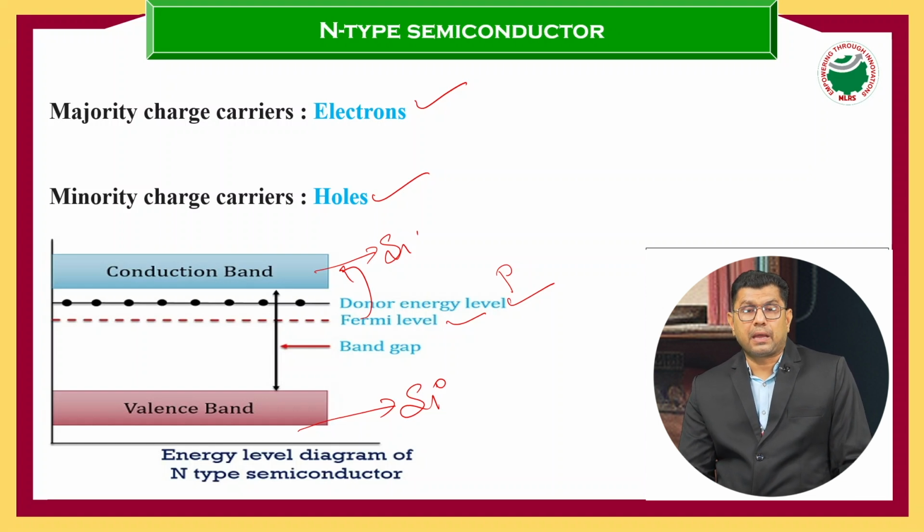So in this manner, by doping different types of impurities, we can increase the holes by adding trivalent impurity, or we can increase the electrons by adding pentavalent impurities. Before doping, intrinsic semiconductors have a number of electrons equal to the number of holes. But now we changed that.